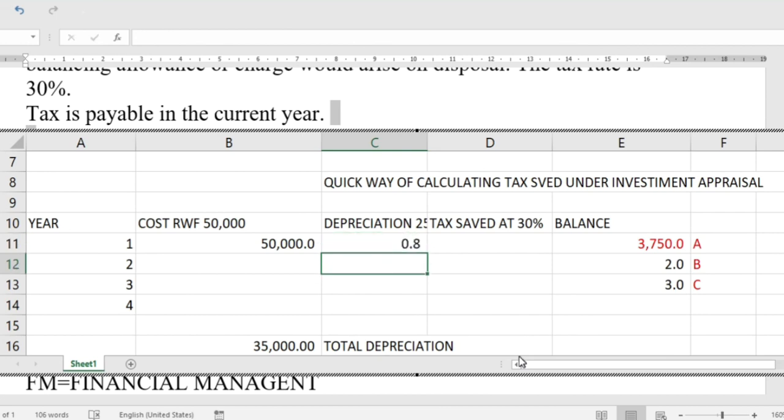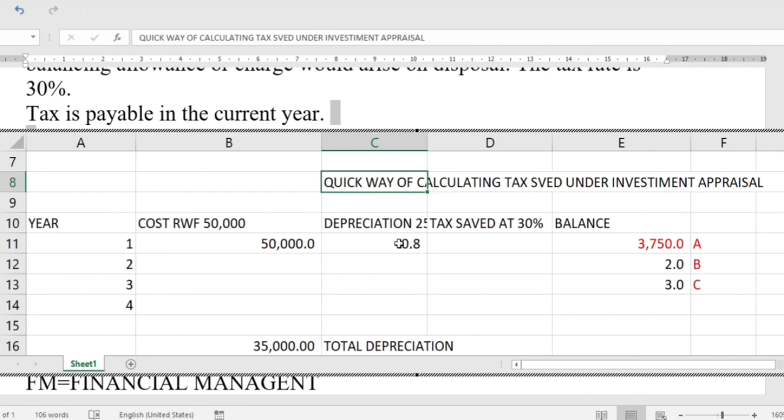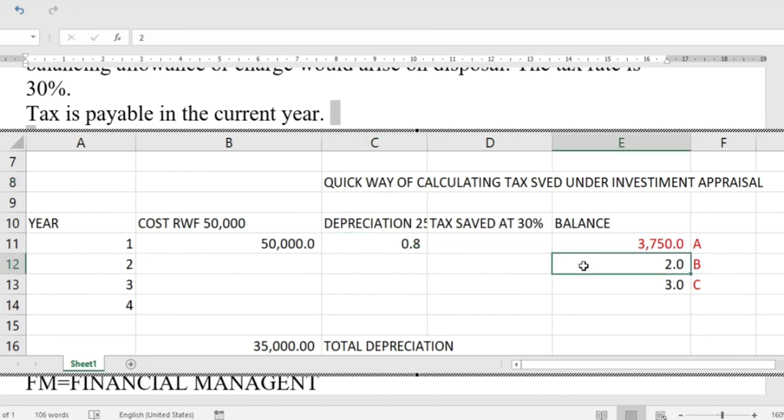Then B is equal to this amount times 75%, and we get that amount.